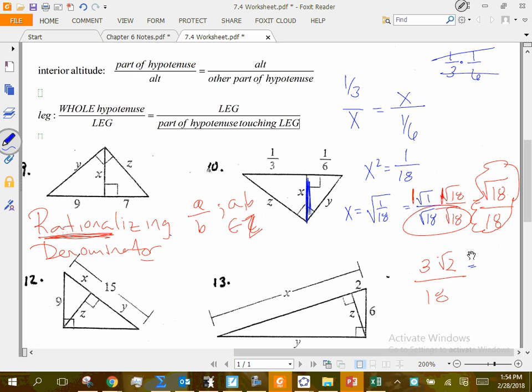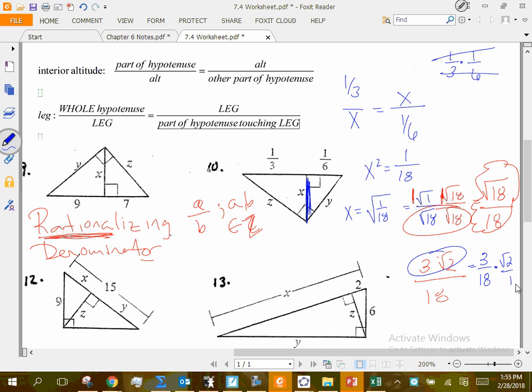No. Because that will develop a radical on the bottom again. This is the rationalized version. It's just not simplified. Would you guys agree that 3 radical 2 over 18 is the same thing as 3 over 18 times radical 2 over 1? If I multiply straight across the top, do I get this numerator?